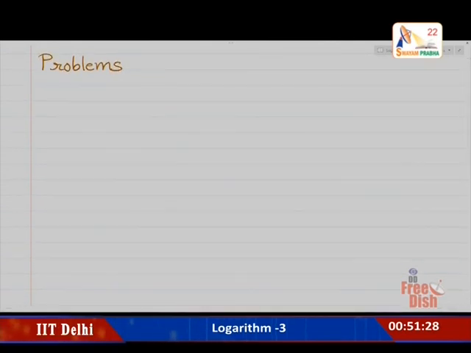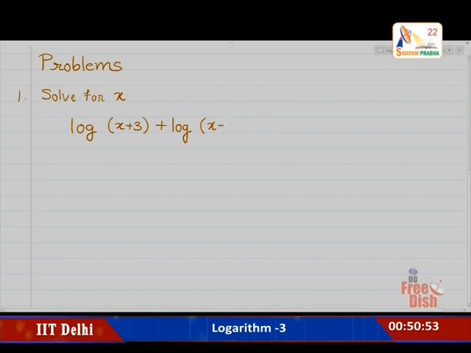Now we will solve more problems which are somewhat complicated and get a better idea of how to use the laws. So today's first problem is: solve for x, where the equation that is given is log to the base some unknown number, x plus 3, plus log to the base some unknown number, x minus 3, is equal to log 60.